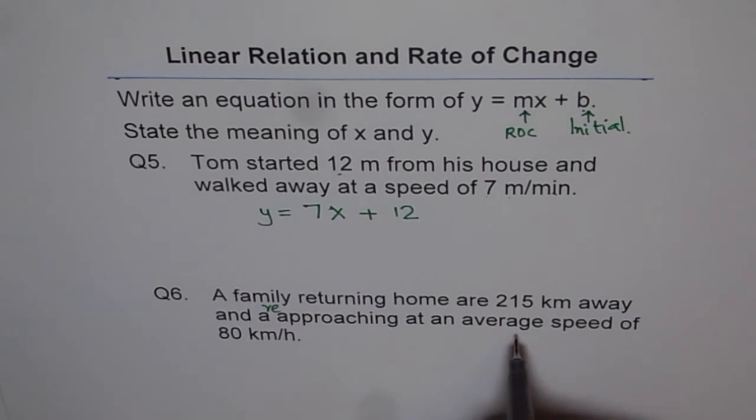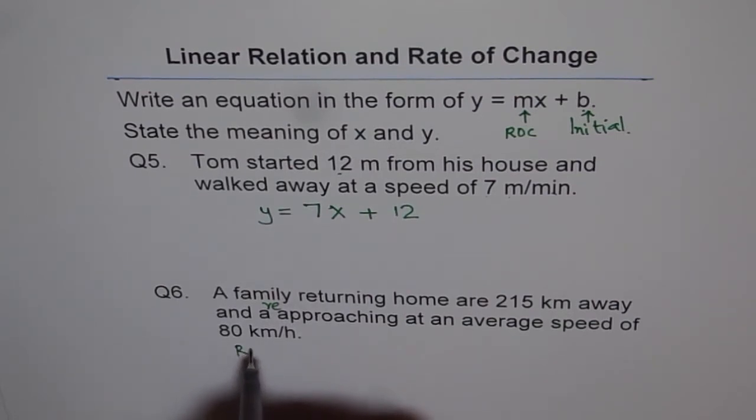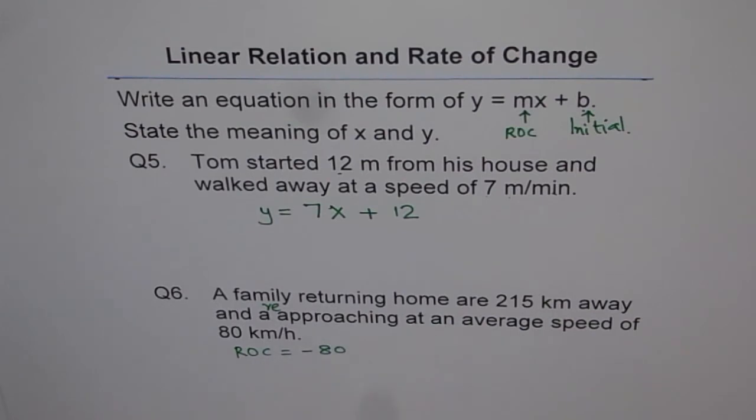Now, when you are approaching, distance will decrease. Therefore, the rate of change should be equal to minus 80, since the distance is decreasing. So whenever you are approaching or coming towards, we have a negative value for the rate of change, correct?